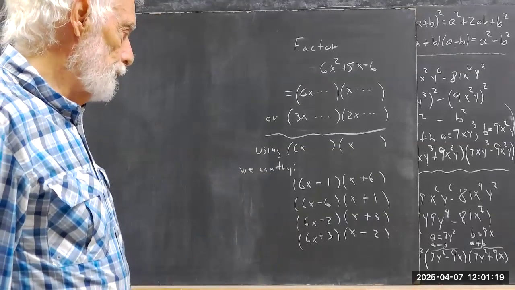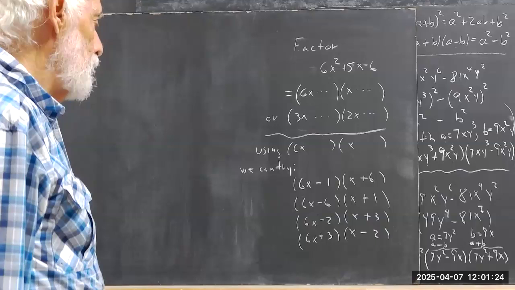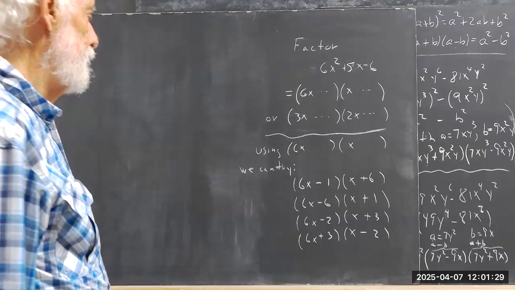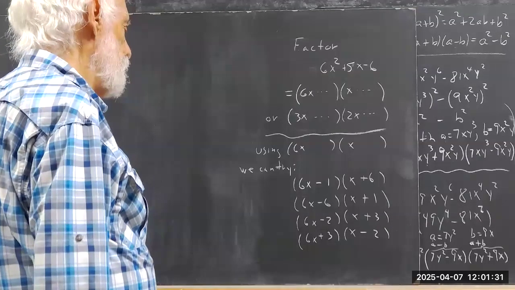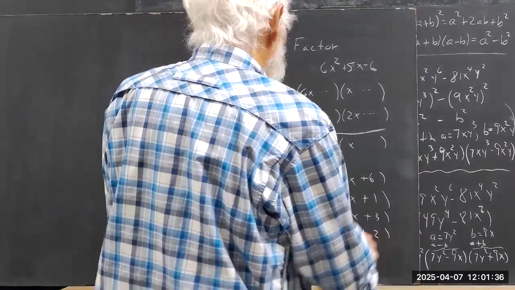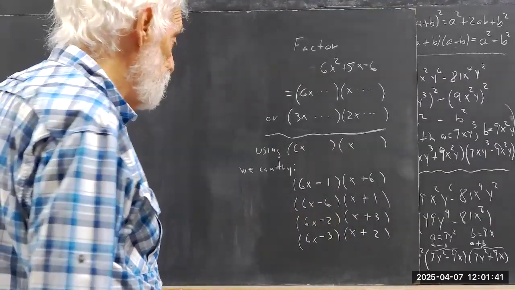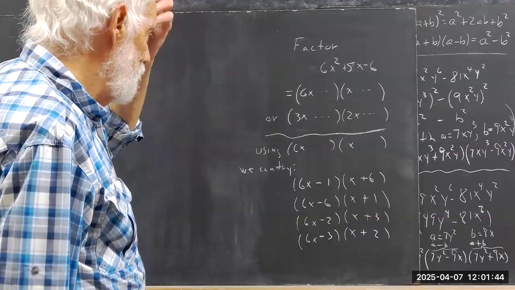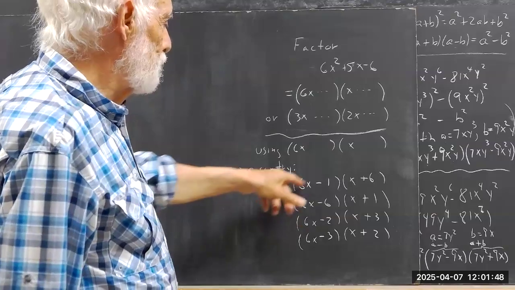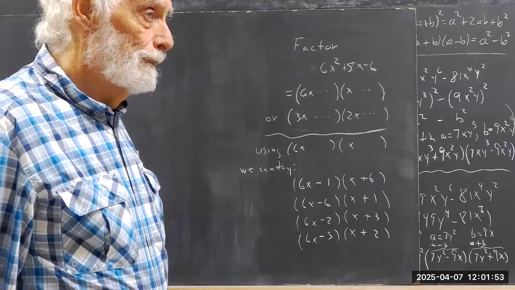Are there any other possibilities? Well, yeah. But actually, I did. Let's just stick with my scheme where I have a minus over here and a plus over here. Okay. Well, I can write every one of these, but switch the two signs.